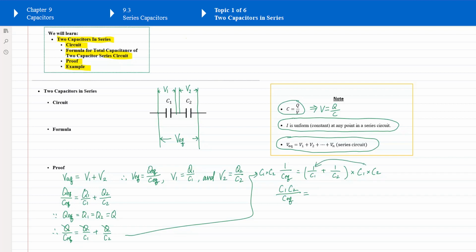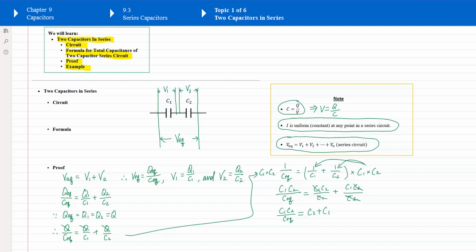Here we use the distributive property: it equals C1 times C2 divided by C1 plus C1 times C2 divided by C2. After cancellation and simplification, we got C1 times C2 divided by CEQ equals C2 plus C1.